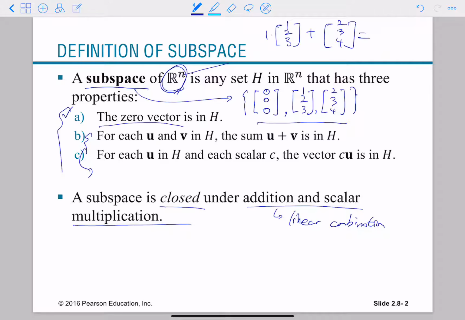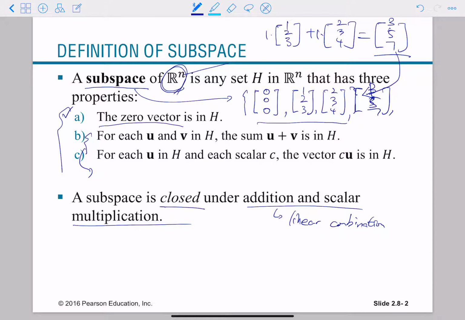Then this subset should be closed under linear combinations, which means you pick any two vectors in your subset and freely generate a linear combination of them. One linear combination is 1, 2, 3 plus 2, 3, 4, setting the coefficients to 1, which gives 3, 5, 7. This vector should also be included in the subset. That's the meaning of closedness.